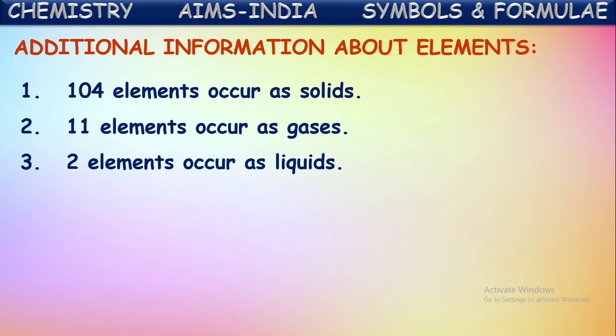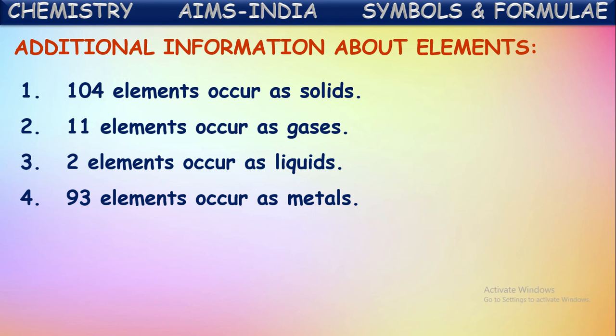Only two are existing in the liquid state. One is a metal and another one is a non-metal. What is the metal in the liquid state? Yes, it is mercury. Mercury is a liquid metal, whereas one more element, that is bromine, is a liquid non-metal.